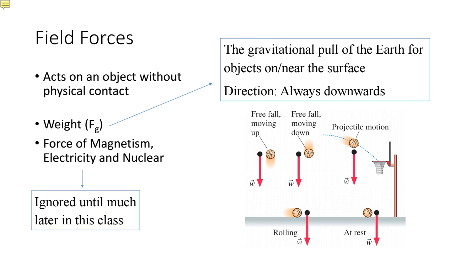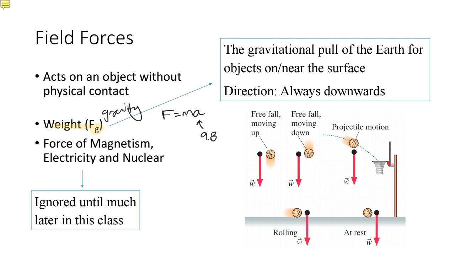Field forces are forces that act on an object without physically contacting it. For example, weight. Weight is labeled right here as the force of gravity, and it typically has the acceleration of gravity, 9.8. So if you're calculating it as F equals ma, which is Newton's second law, the acceleration you see for weight is typically 9.8.